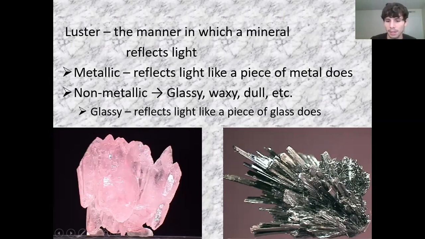Even though it has a spiky look, you're just looking at how it reflects light. So luster is a good way to start off. If it's obviously non-metallic, then it can't be these minerals, and then you keep going down the list of properties to help identify that mineral.